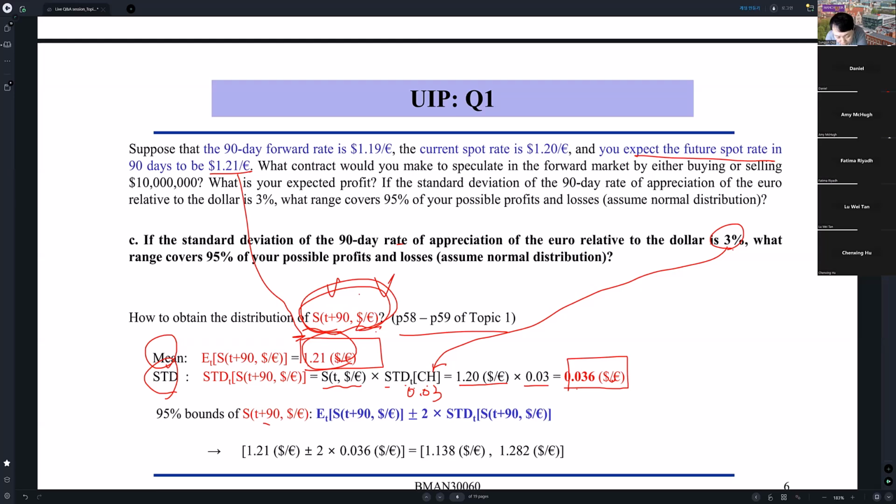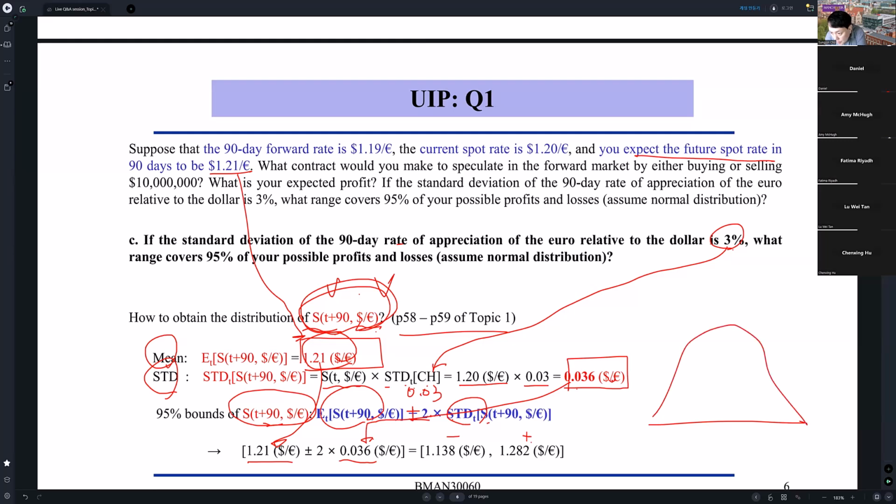Given the mean and standard deviation, we can get the 95% bound: mean plus or minus 2 times standard deviations. So 0.06, mean is here. If you compute the plus side and minus side, this is the plus side, this is the minus side.